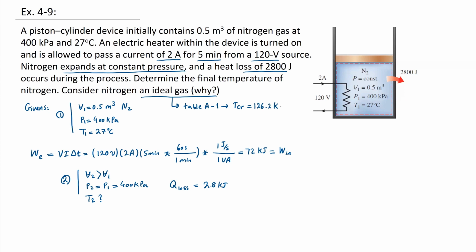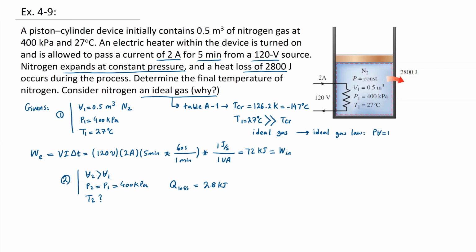If I convert it to degrees C, it's almost equal to negative 147 degrees C. So if I compare it with the given temperature T1, 27 degrees C, I see that T1 is way larger than T critical for nitrogen in this problem statement. So I can say that nitrogen behaves as an ideal gas, and I can use the ideal gas law in order to solve this problem.